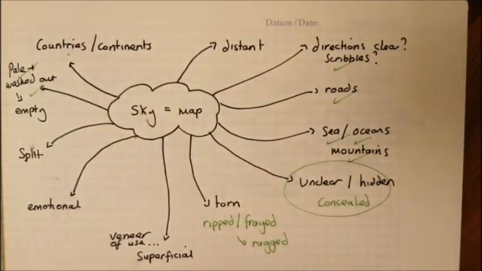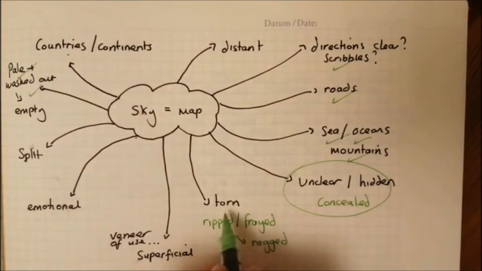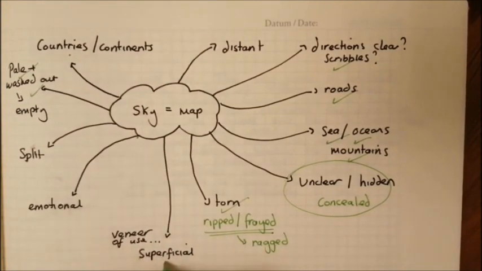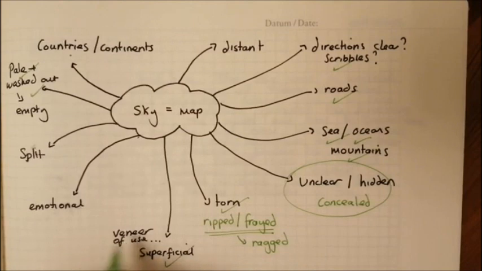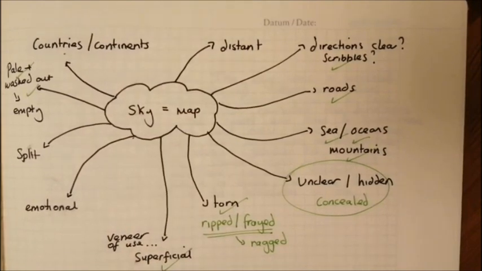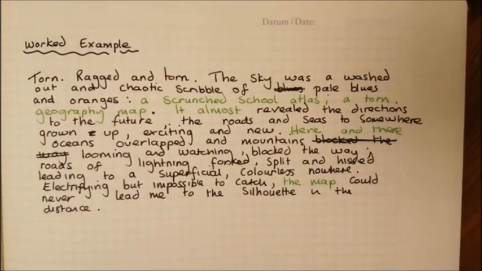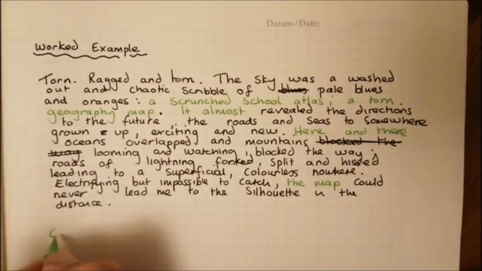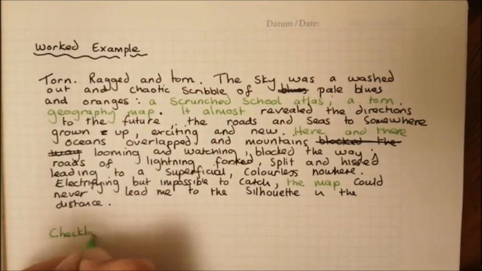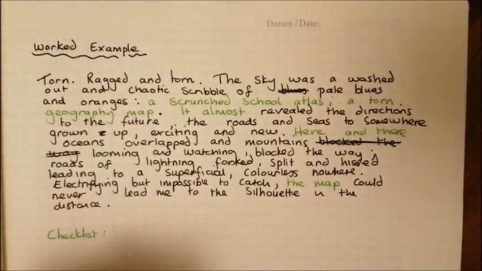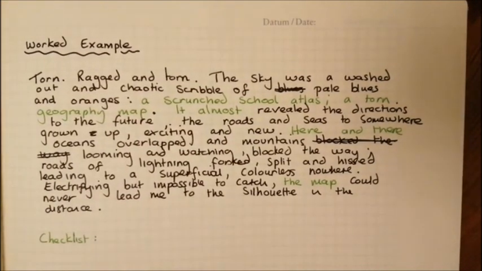Could have done better and got a bit more of that in. This idea of it being torn, again, I could have been better and got a few more of these in. Got superficial in, but not veneer. Maybe that's a way to improve it. Okay, so I'm trying to use my plan as best as possible, and I also am using the poem to guide me and a really clear structure.